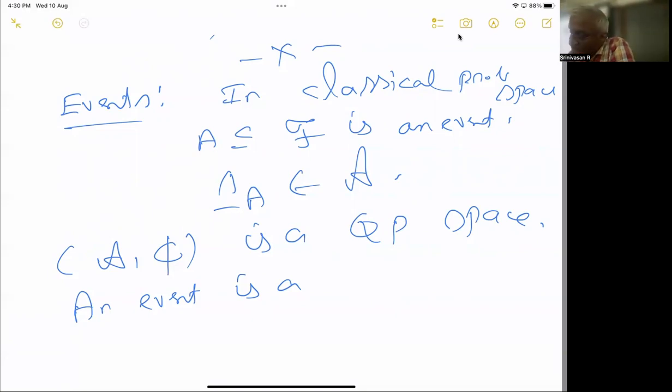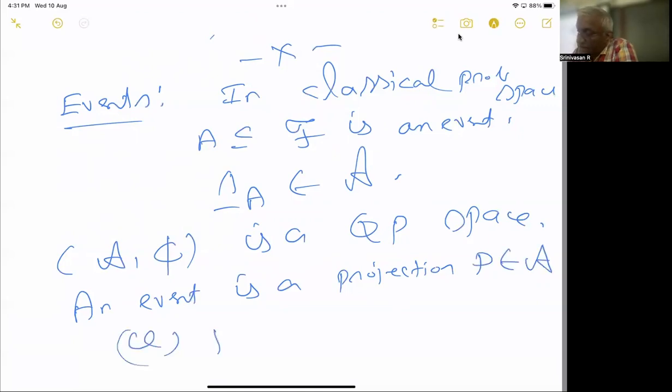So an event is a projection. A projection P in A. That is, P equal to P star, its adjoint, equal to P square. Anything which satisfies this. And a projection corresponds, since M_n are operators on C^n, to a subspace of C^n, right?